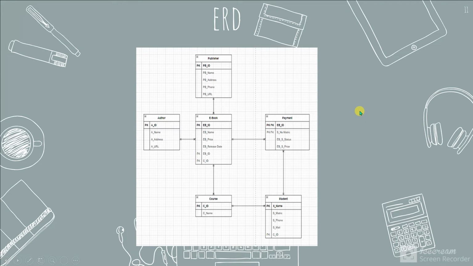Okay, now I will proceed with ERD. So from the question, I got 6 entities, which are publisher, author, ebook, course, payment, and student. Firstly, I will explain about ebook.